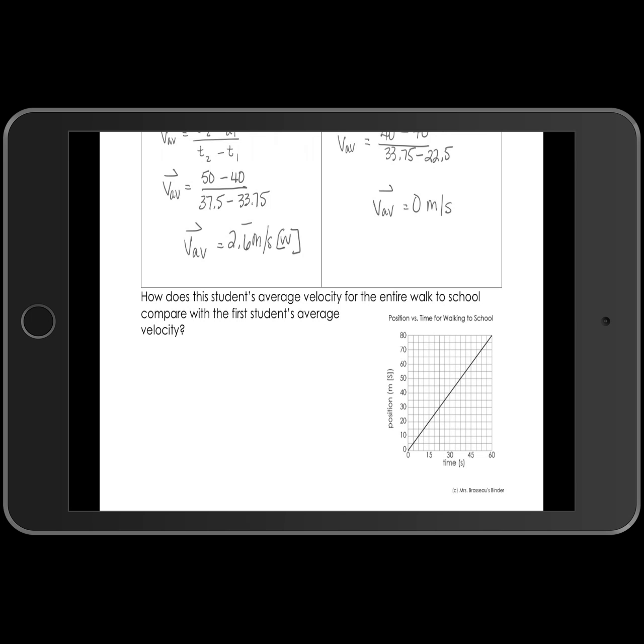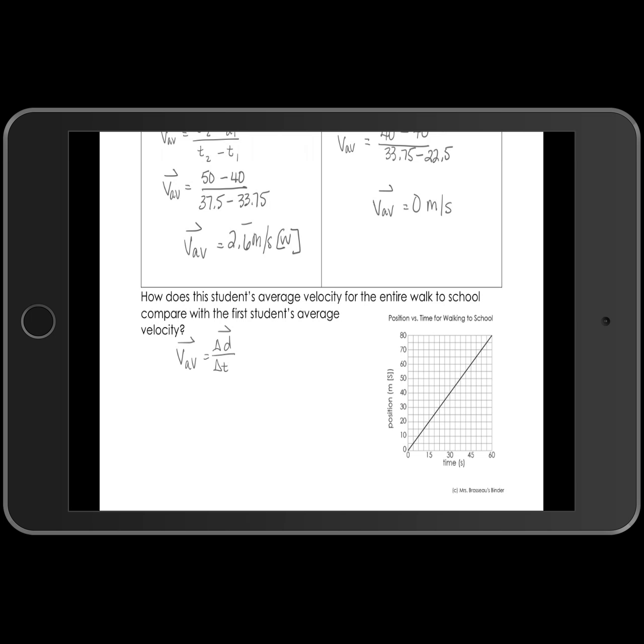Okay, so how does this student's average velocity for the entire walk to school compare with the first student's average velocity? For this student, the average velocity is change in position over change in time.